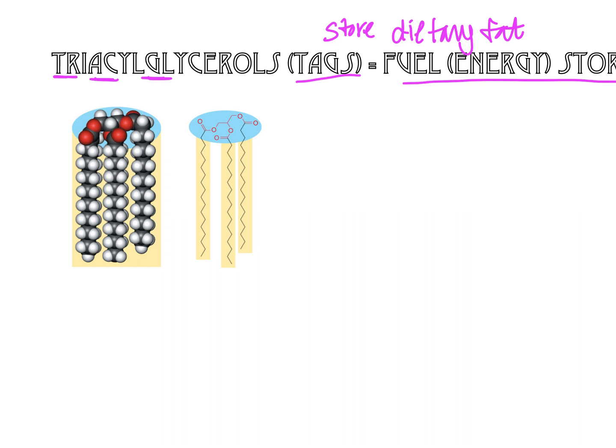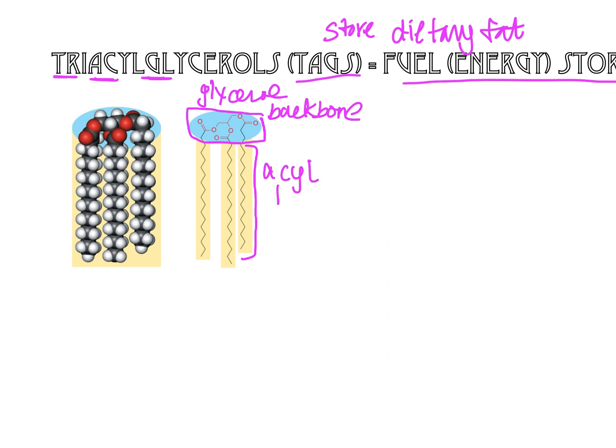Okay, so two versions of essentially the same thing. TAGs have two parts. This part that's up here is the glycerol backbone. And then these down here are the acyl tails. So hopefully this looks really similar to the phospholipids, except instead of a phosphate on the third carbon, there's just another tail.